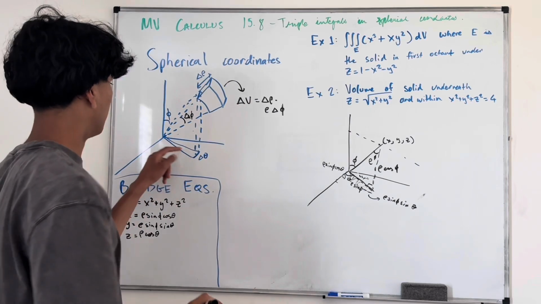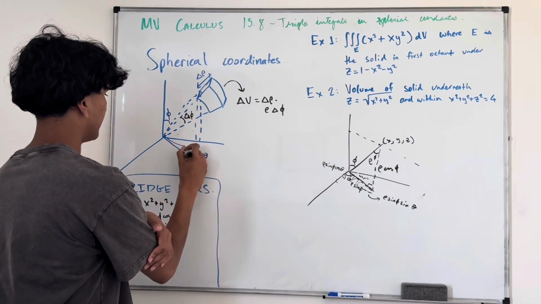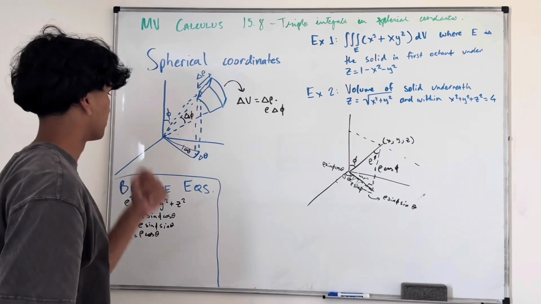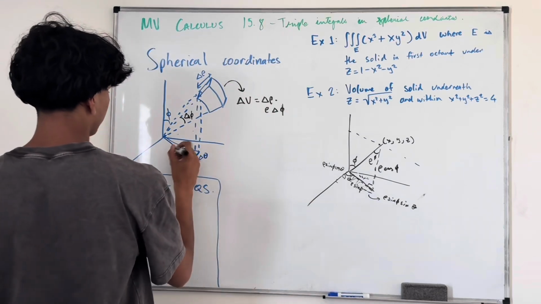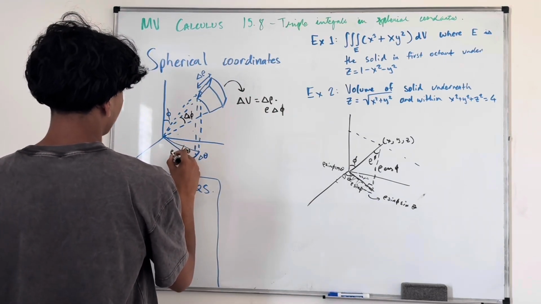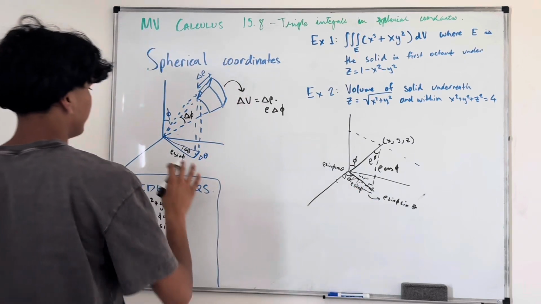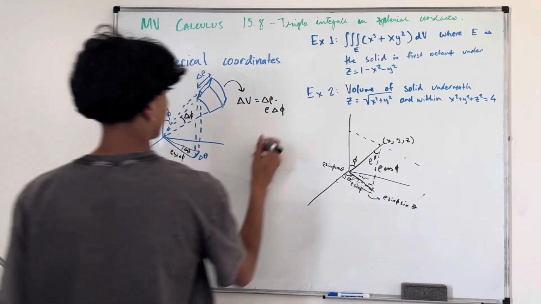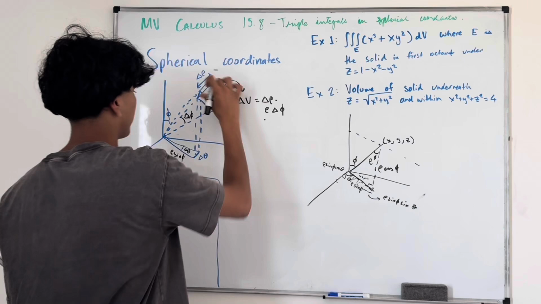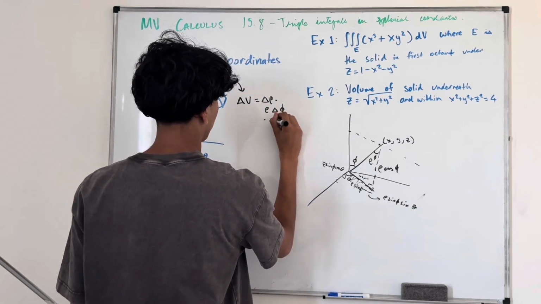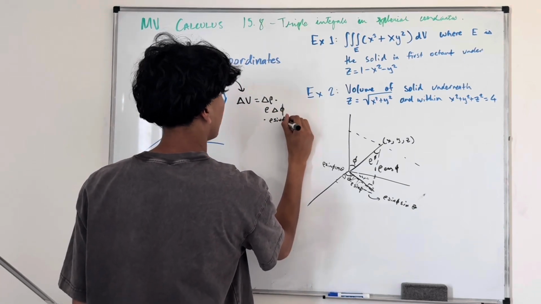And this angle right here is delta theta, a small little change in theta. This equals rho sine phi, by what we derived here. So this side length, by arc length, is rho sine phi times delta theta.